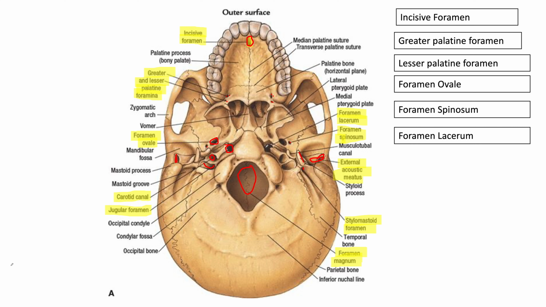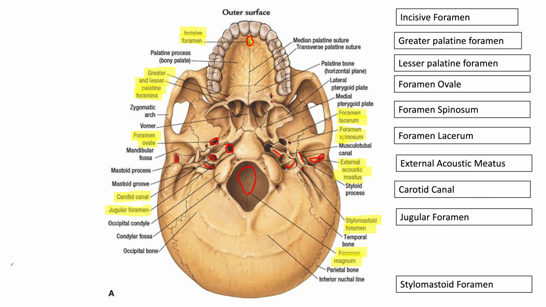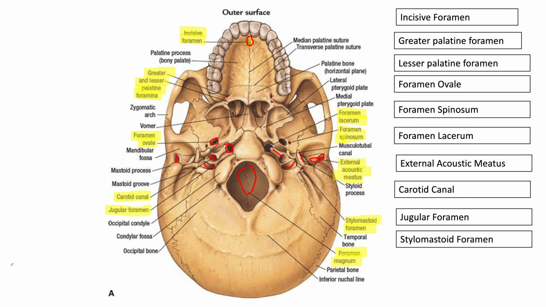And we have big foramen lacerum over here. External acoustic meatus. Carotid canal here and here. Then we have jugular foramen. Then stylomastoid foramen. And lastly foramen magnum.